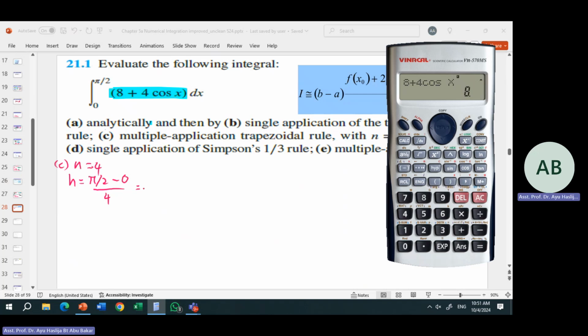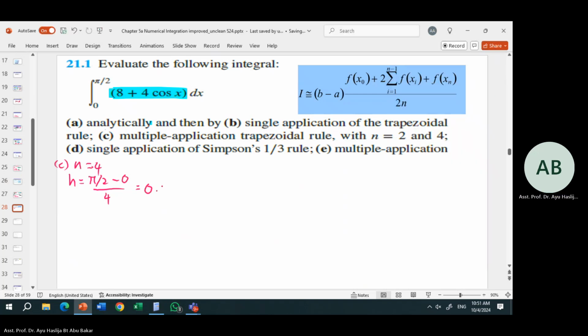What do you get for your h? Divide by 4. Okay, divide by your n. 0.39. Right, 0.39.